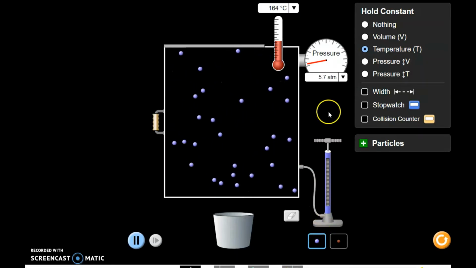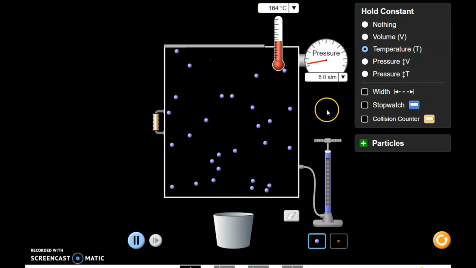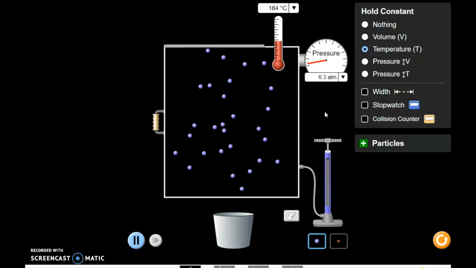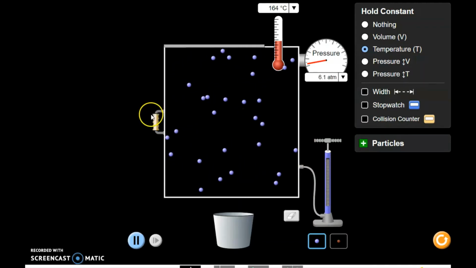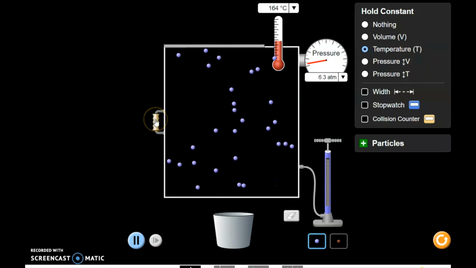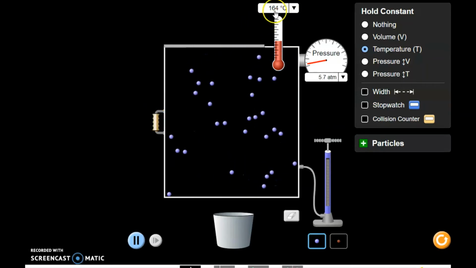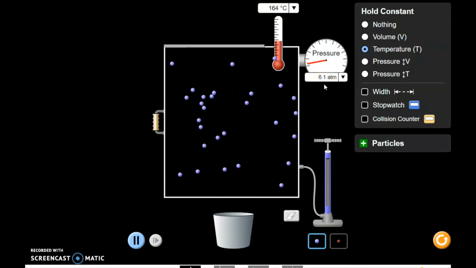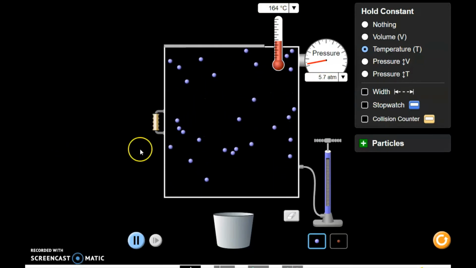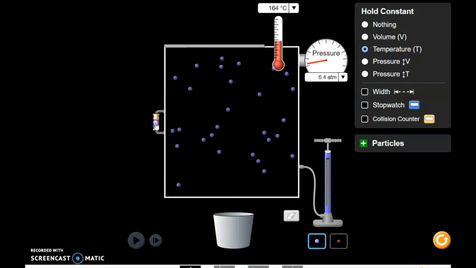So let's just take another minute to look at what happens when we start messing with the pressure. Okay, I've set this up so the temperature will not change. The temperature is here, and here is our pressure. We're at 6 atmospheres about. If I push this in, I'll make the volume smaller.